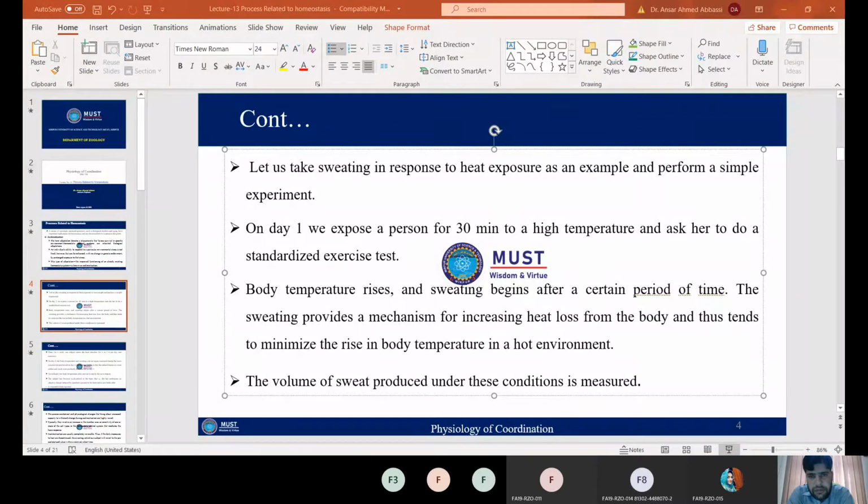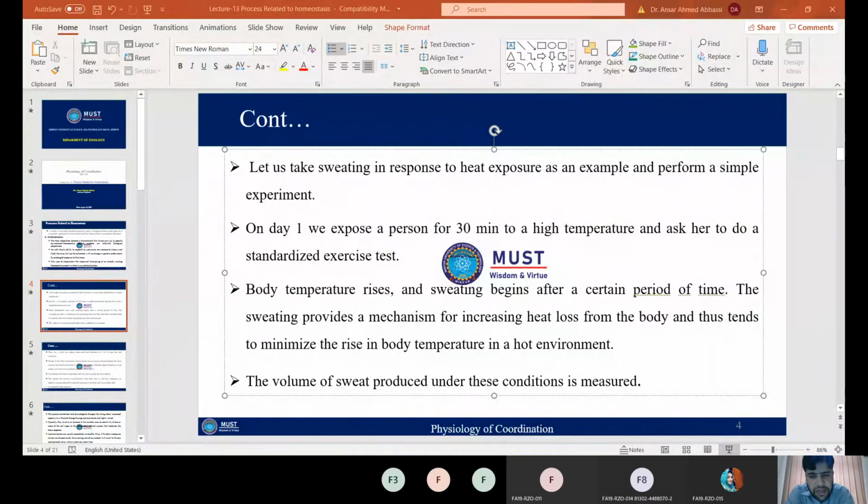And this sweating is actually a homeostatic response to increase the heat loss from the body. The heat that is being generated by the exercise will be lost by the sweating mechanism, and ultimately the rise in body temperature will be minimized by the excessive sweating in a hot environment.